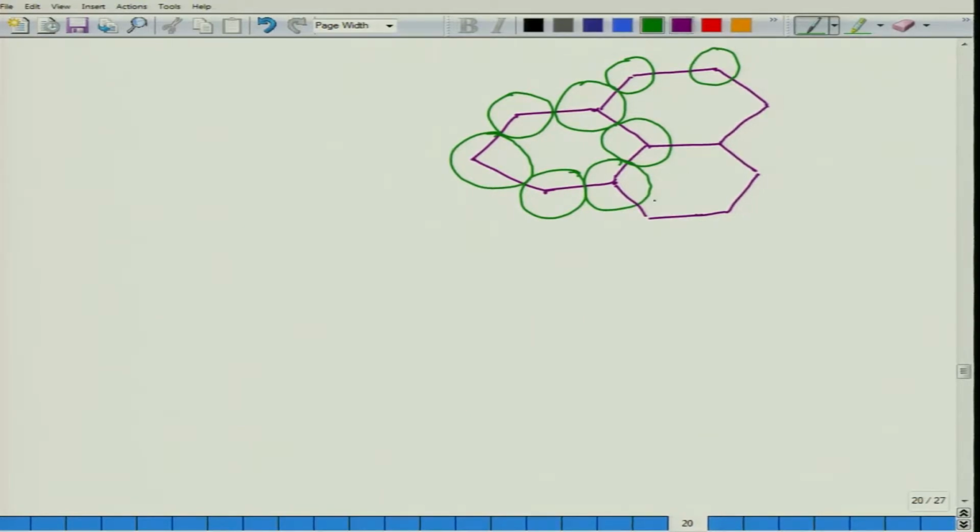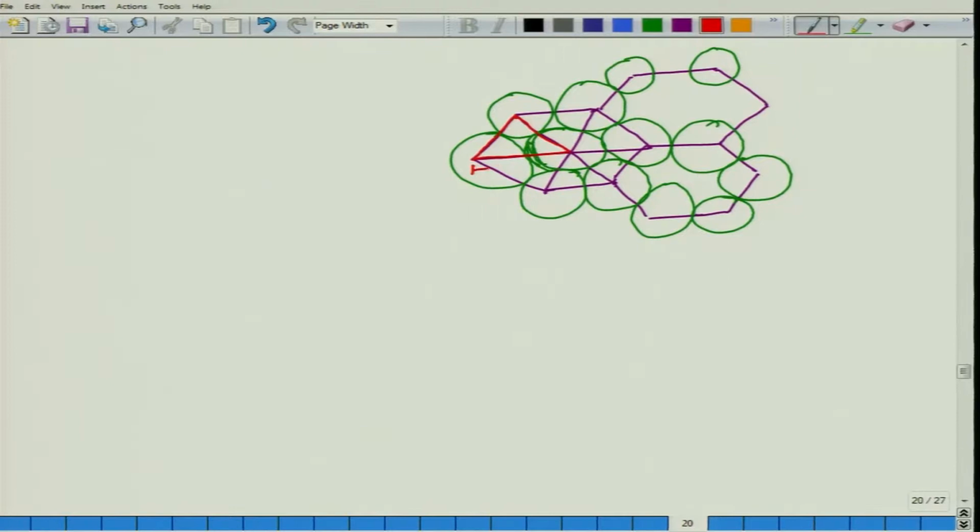Now, if we look at these circles, and we also have a point at the center that is touching all the other canopies, right. So, in this case, if we look at this portion, we have 3 circles that are touching each other.